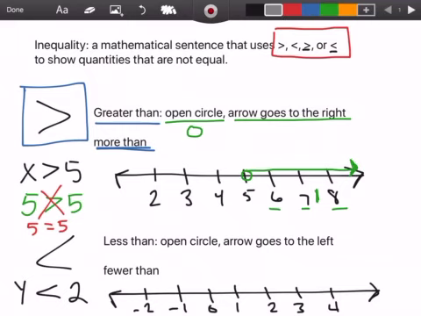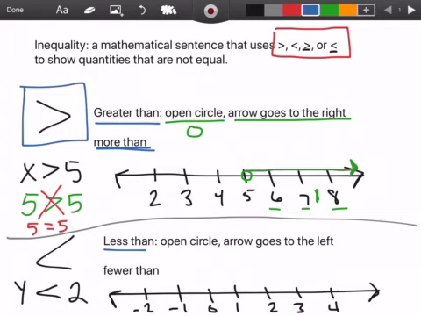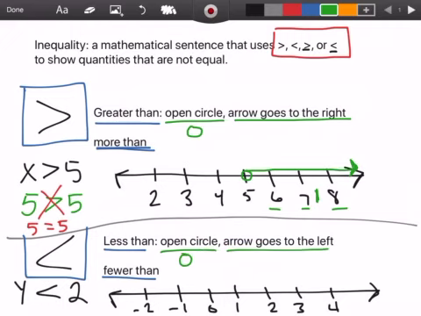All right. So now let's move on to less than. Okay, the less than symbol. I'm going to draw a line here. Less than, you might also hear the words fewer than to show that. This is our symbol. It looks like the letter L laying down on its side. Again, we are going to use an open circle to graph these, and our arrow is going to go to the left. So my example is y is less than 2.